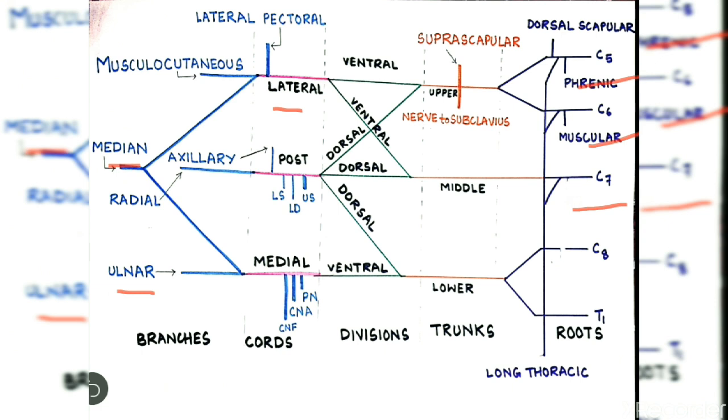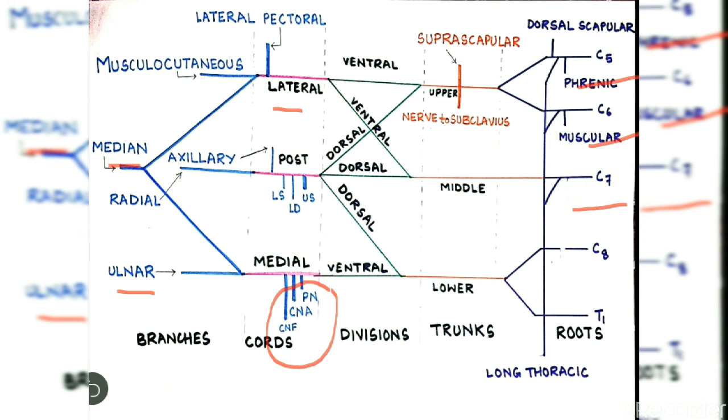Okay, the medial cord will give rise to five nerves, that is the ulnar nerve, the medial root of the median nerve, then the cutaneous nerve of the arm, the cutaneous nerve of the forearm, and the pectoral nerve. These are five, with number four being ulnar and number five being the median nerve.